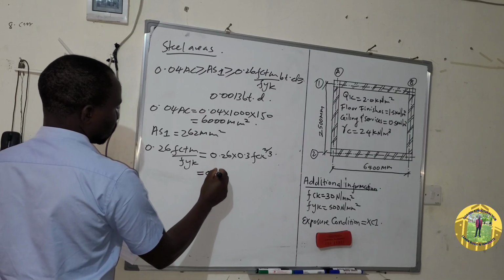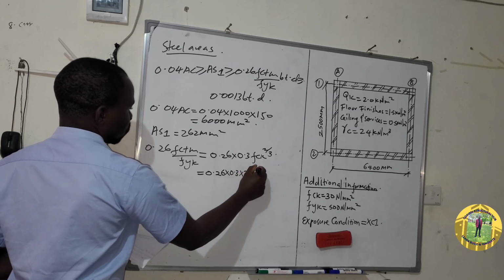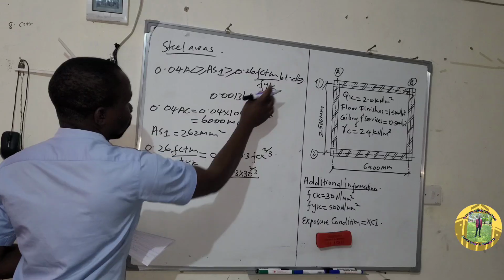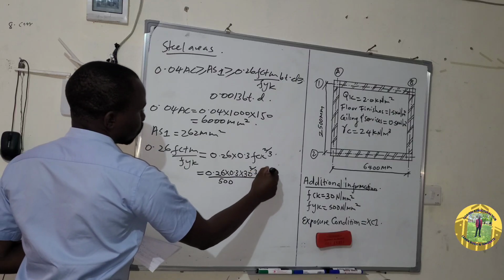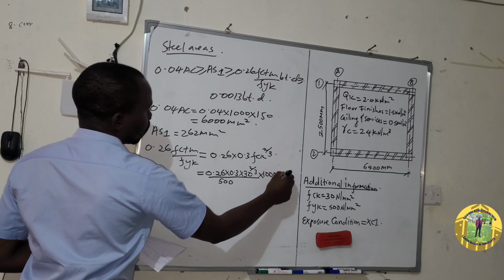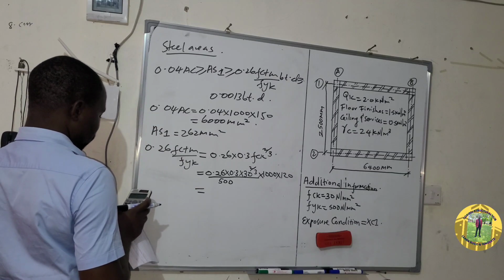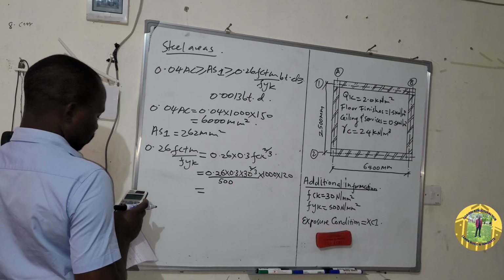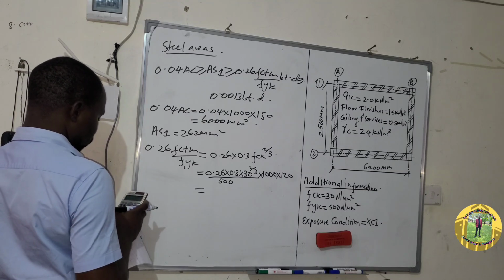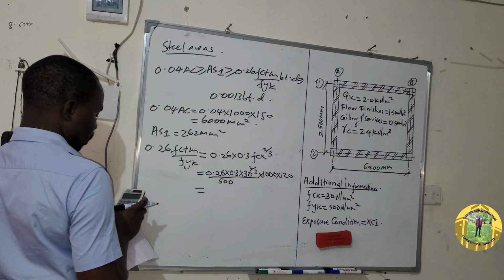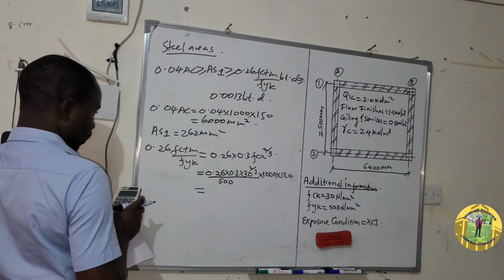So this one is equal to 0.26 times 0.3 times 30 raised to power 2 over 3, all over 500, then times BT, this is 1000, times D, which is 120.